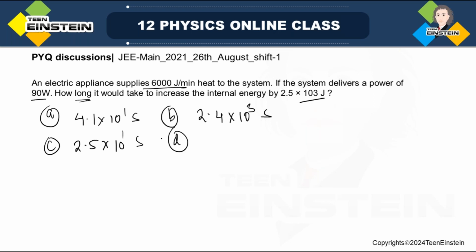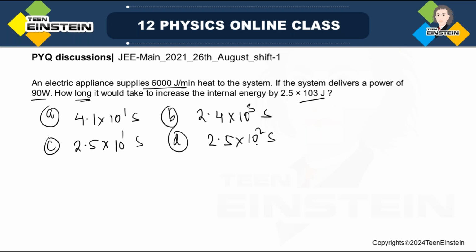Option D is 2.5 into 10 to the power 2 second. Okay, these are the options.